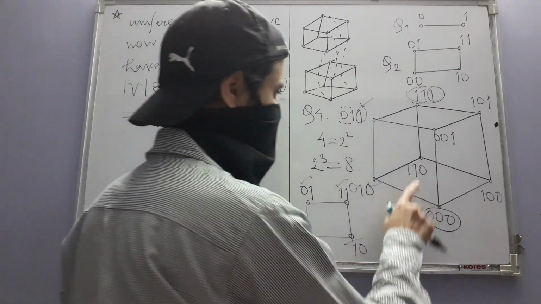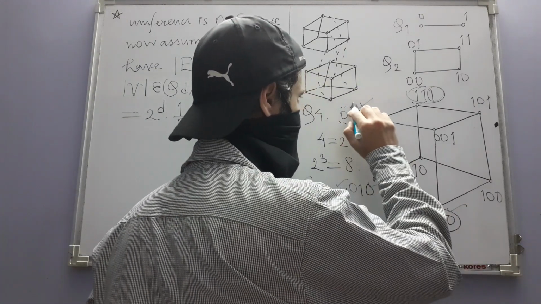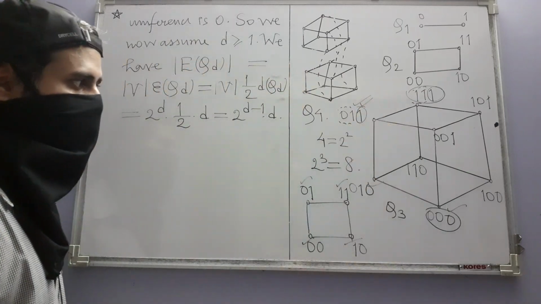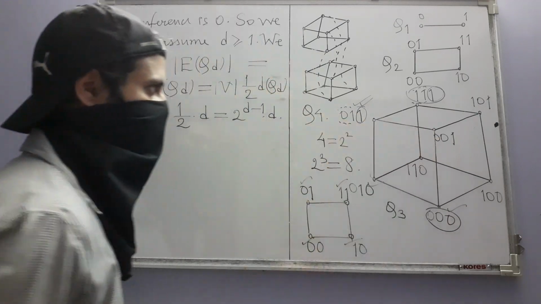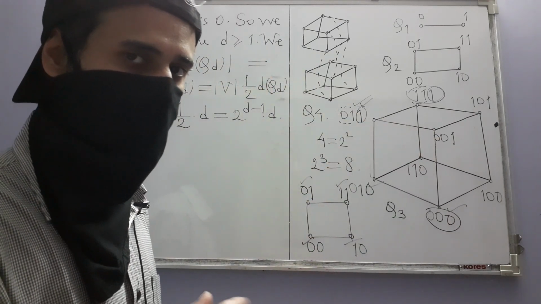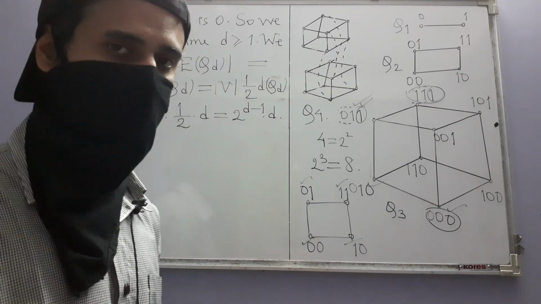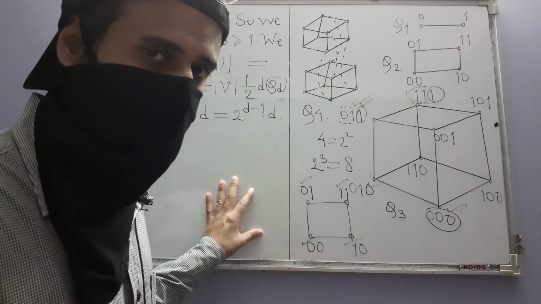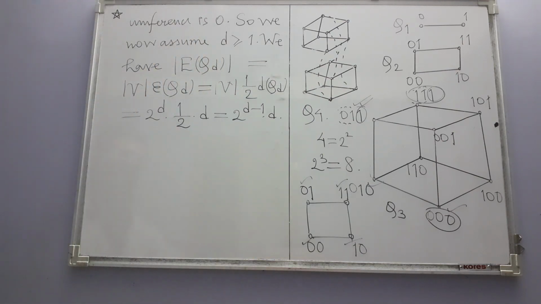Whereas the distance between 0 0 0 and 0 1 1 is 2, or this way 2, because they differ only in 2 places. So this gives us an idea of how to find the distance between 2 vertices in a general Qd, and that is our next claim.